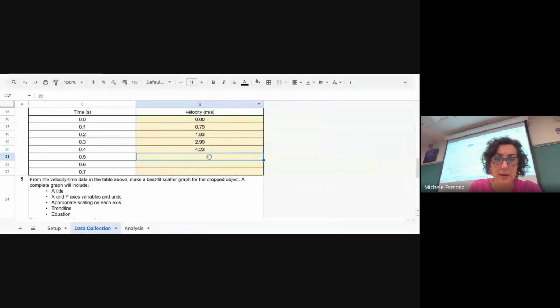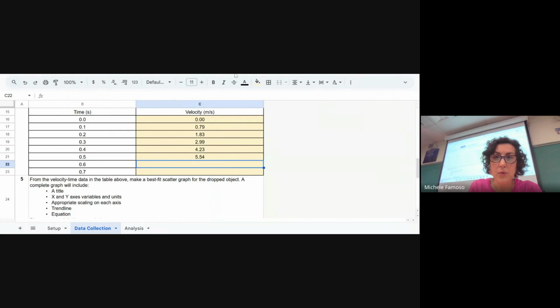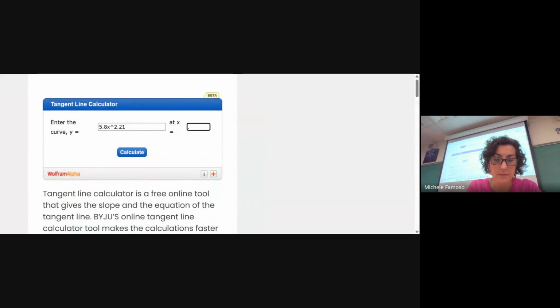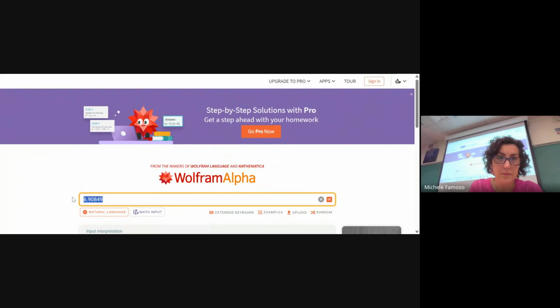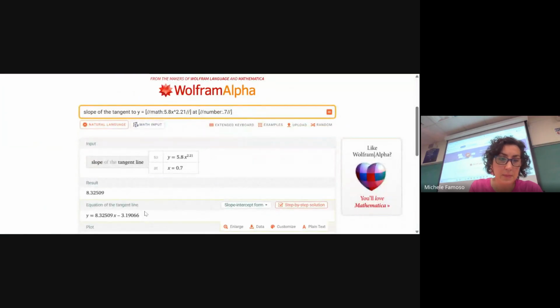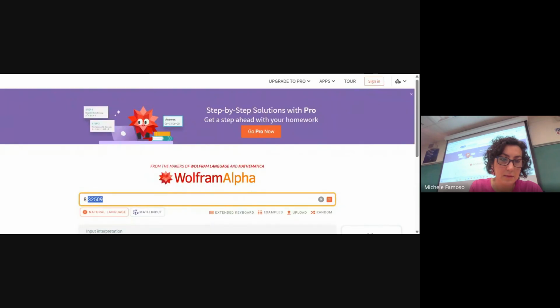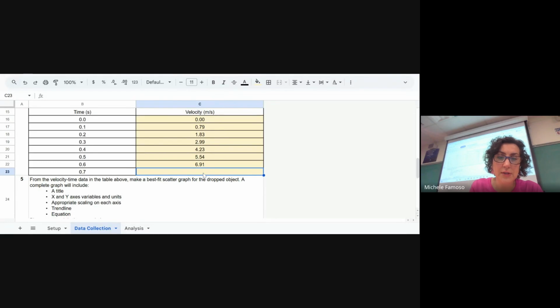Copy it. Paste it. 0.6. And one more at 0.7. Once you have them all, then you can close out that tangent line calculator.